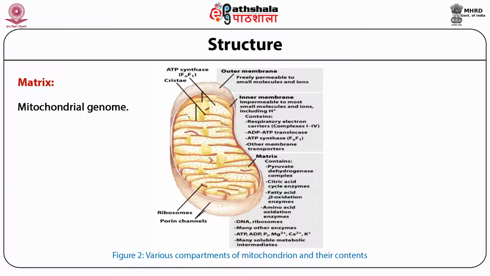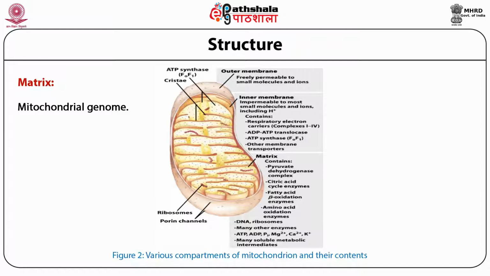The inner membrane is impermeable to most small molecules and ions, including protons. The inner membrane contains respiratory electron carriers, complexes 1, 2, 3, and 4. Also, it contains the ADP-ATP translocase, the ATP synthase, and other membrane transporters.